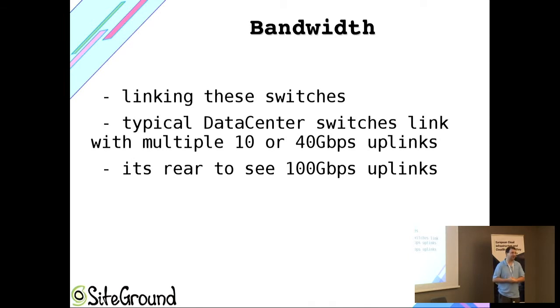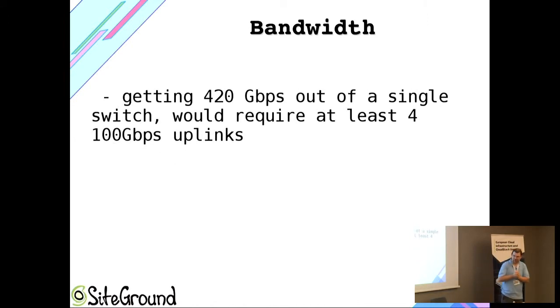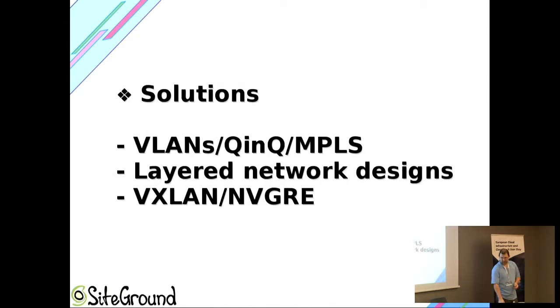Obviously, 100 gigabits requires a custom order that they wouldn't have at all in their data center. So getting all of this traffic from your machines to the internet or to another machine inside the same data center is problematic. So we go to the solutions now.